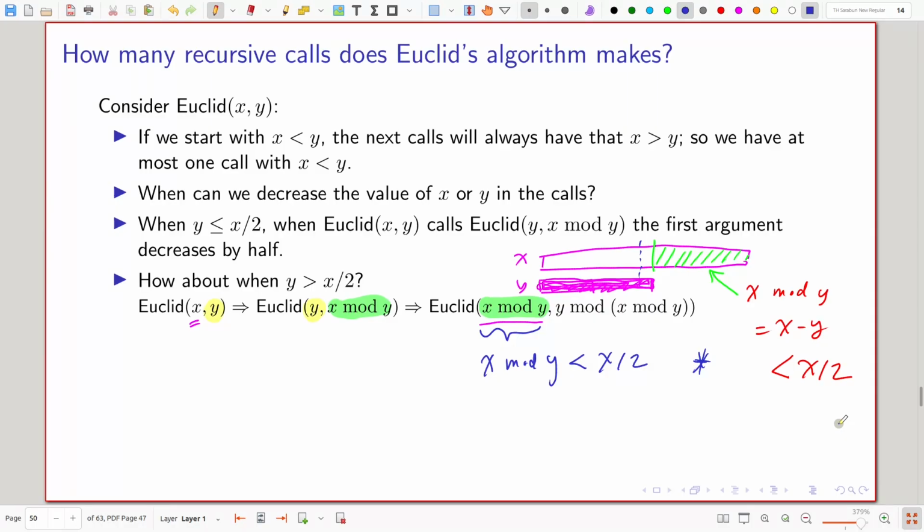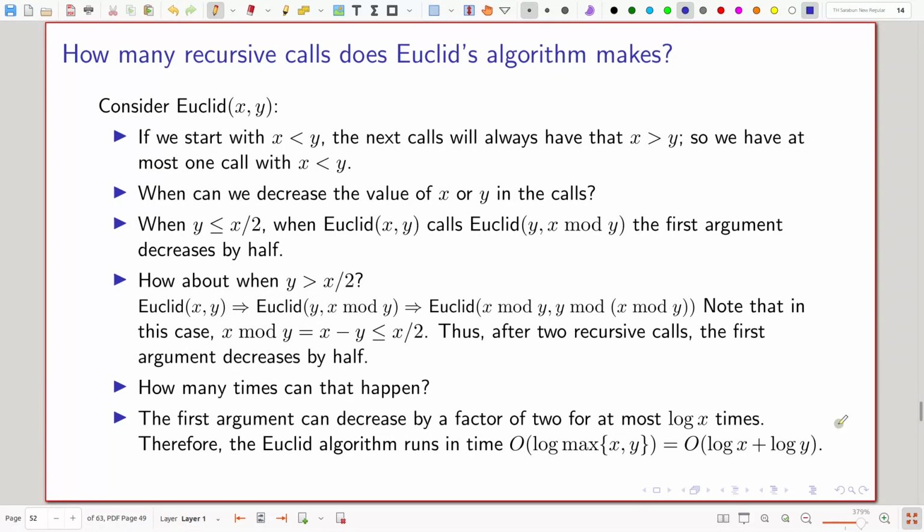Any questions? So when we do the analysis mathematically, how many times until the first argument goes to 1? The first argument decreases by a factor of 2 for at most log x times. Why is that? If you have a number and you divide it by 2, how many times can you divide?